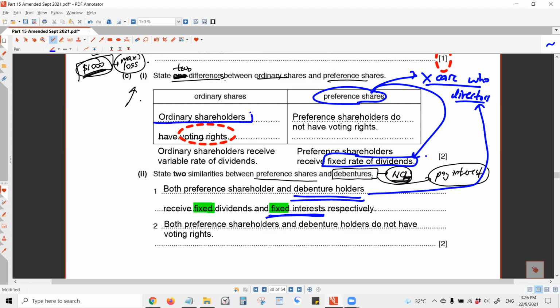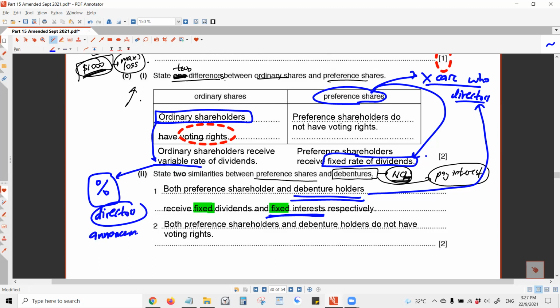Who cares who runs the company? Ordinary shareholders, because they get a variable rate of dividends. Variable means it can be any percentage each year. Who decides how much ordinary shareholders will get? The directors. Each year they announce how much dividend ordinary shareholders will get.